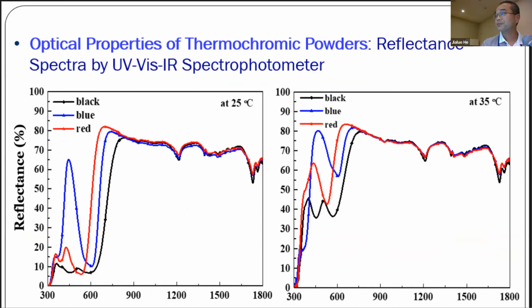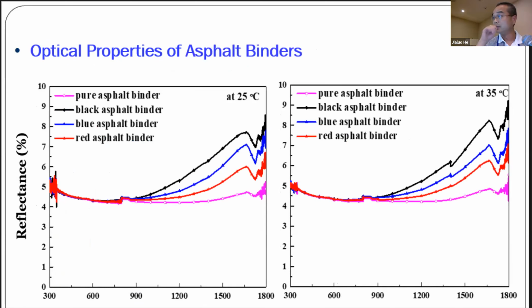So, for example, with the thermochromic powder, their reflectance is significantly affected by temperature. First, they are very effective in the infrared range. The other is that they are modulated by the temperature. And if we introduce them into the asphalt binder, we did see some response.